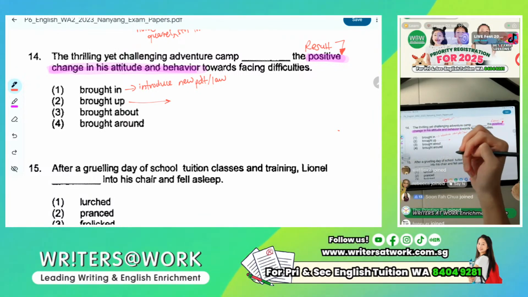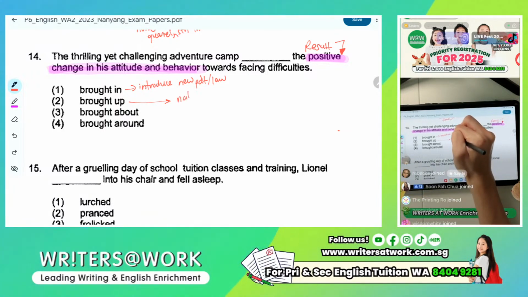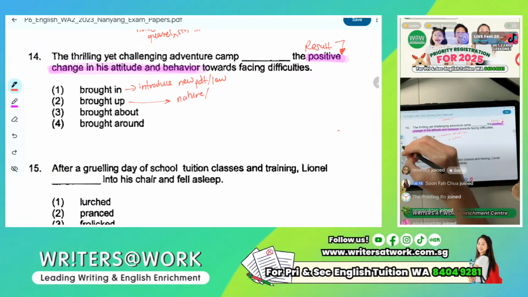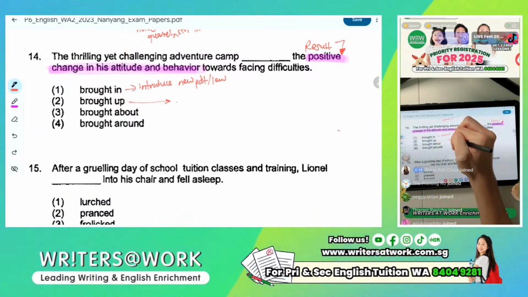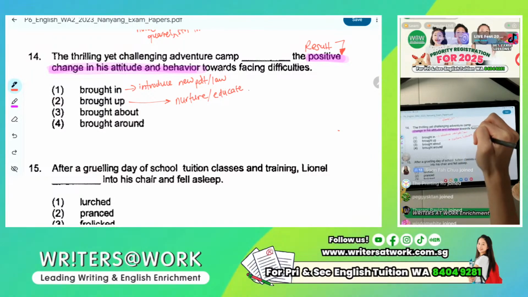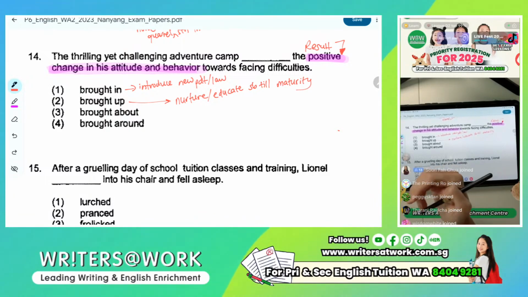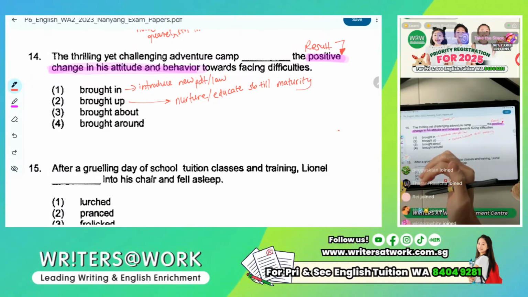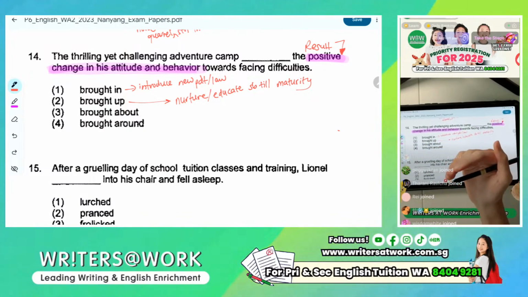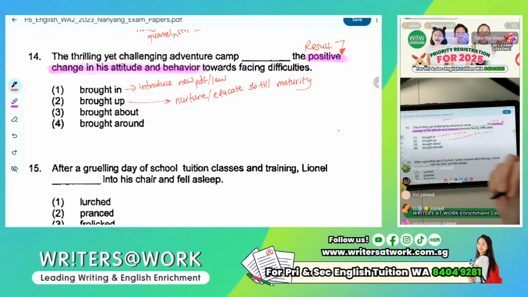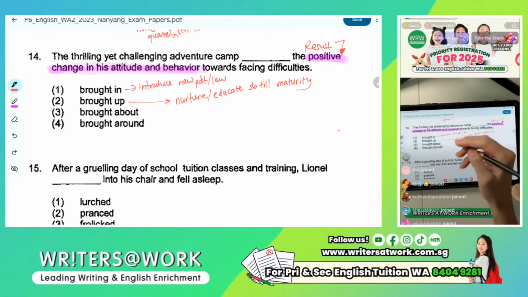When you bring up or brought up something, it means that you nurture and educate somebody to maturity. So usually we'll talk about how parents will bring up their children. That means they are engaging in educational and activities that will aid the child's development.